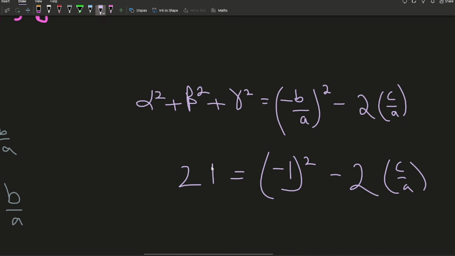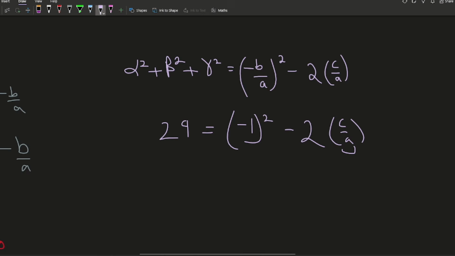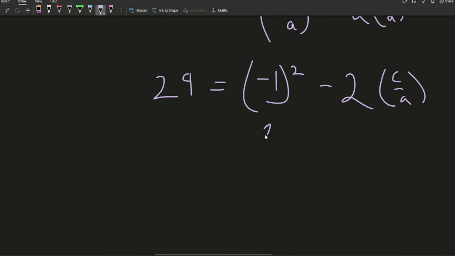So this equals 29. Let's solve for c over a. The 1 goes to the other side, so it becomes 28, which equals -2c over a.